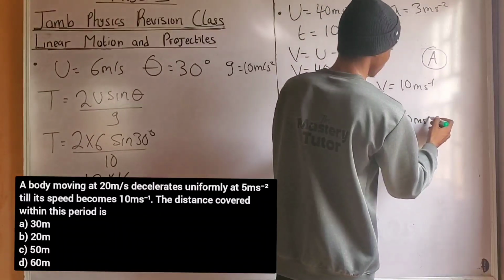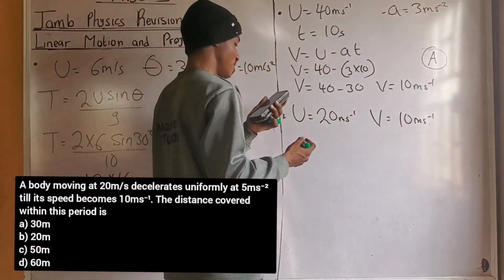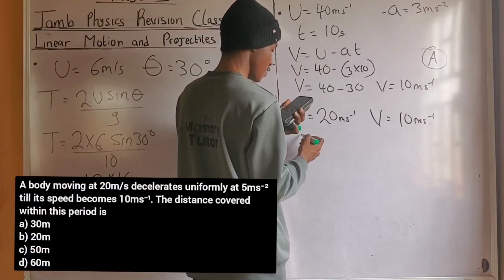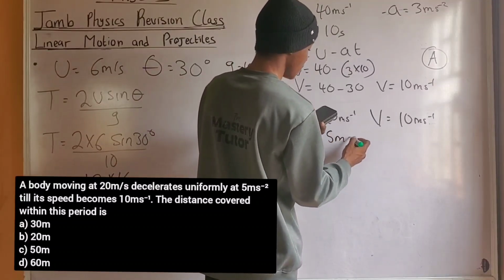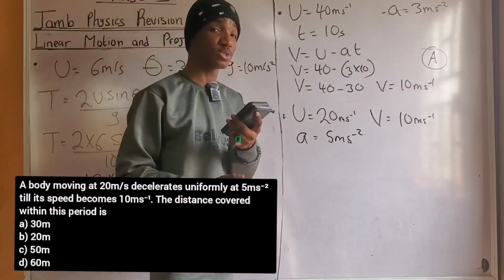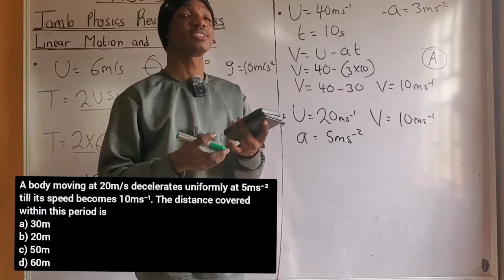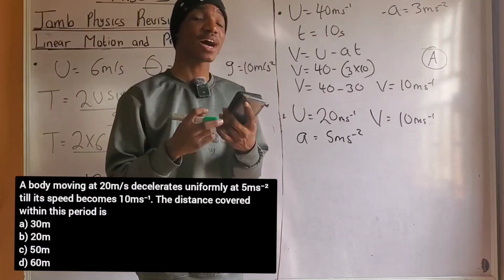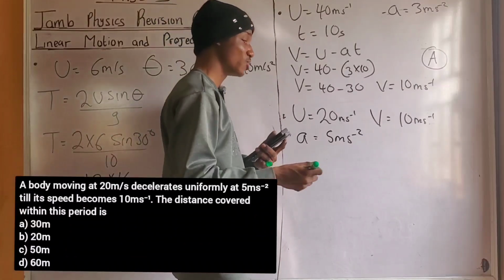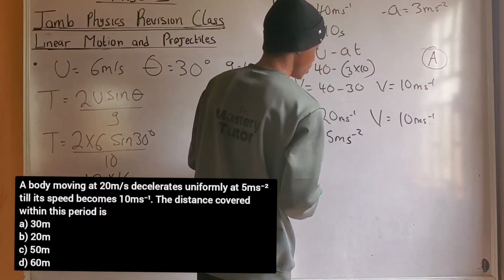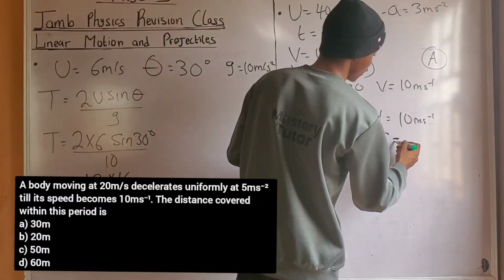The deceleration, a, is equal to 5 meters per second squared. Please don't be confused. Deceleration and retardation are the same thing. They simply mean negative acceleration, minus a. Now, our goal is to find s.